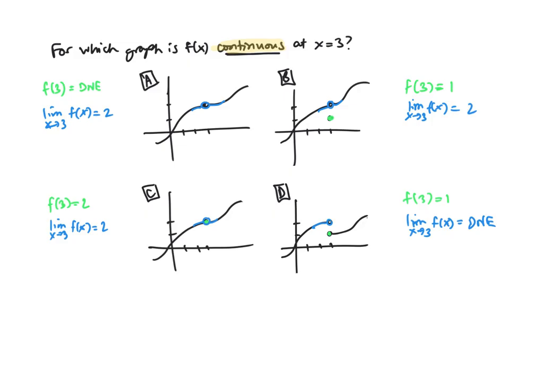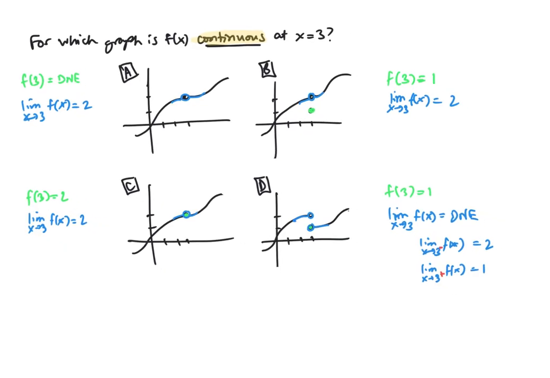From the left-hand side, I'm going towards 2. So that left-hand limit is 2. But the right-hand limit is 1.